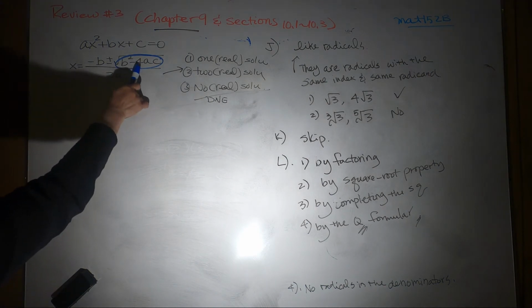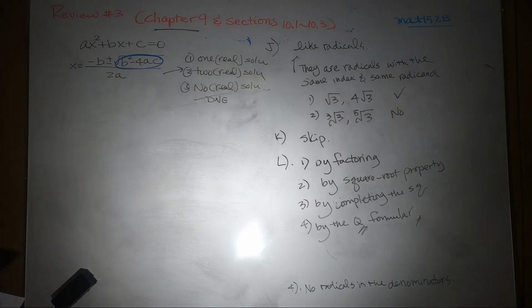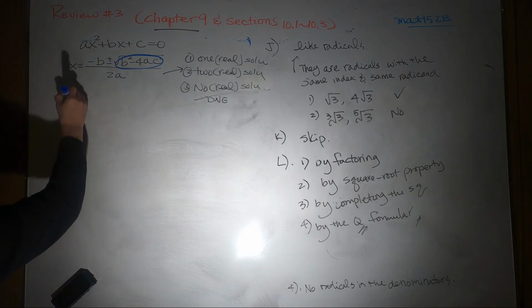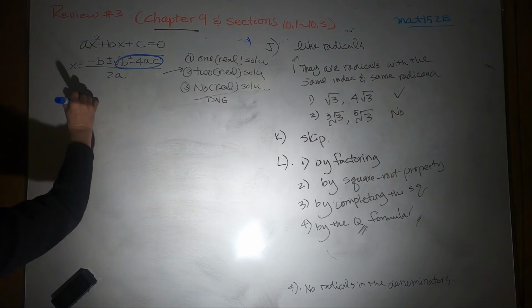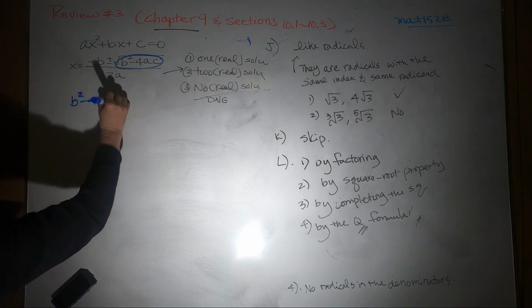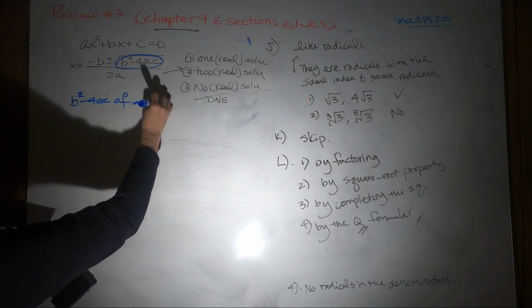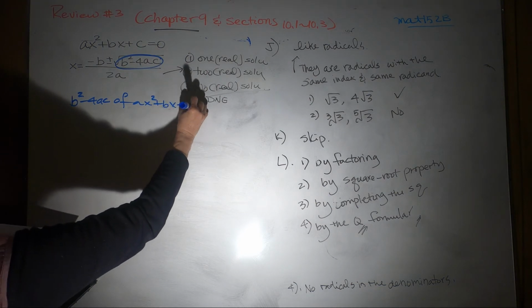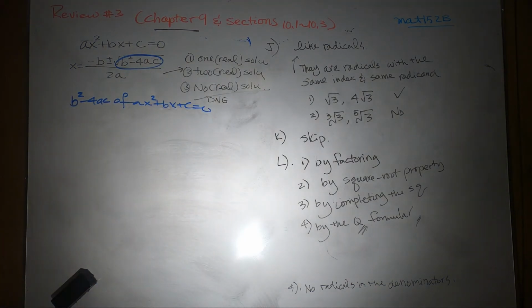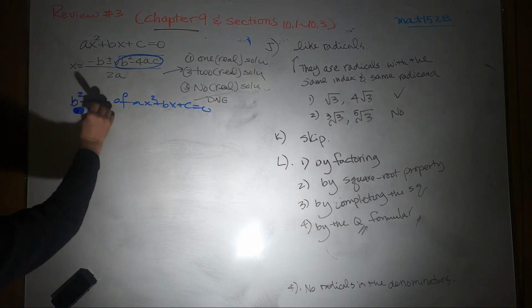So the inside of the formula, we call them what? Discriminant. So we say, what is a discriminant? You will say b squared minus 4ac of this one, right? For the standard form of the quadratic equation, then that's the discriminant, right?